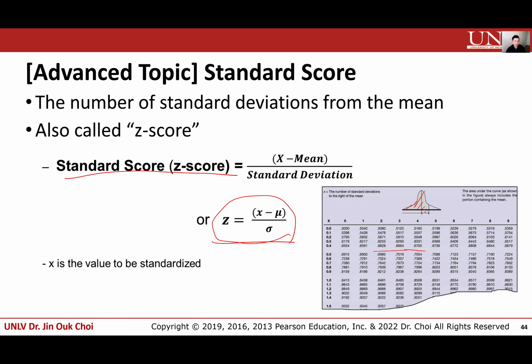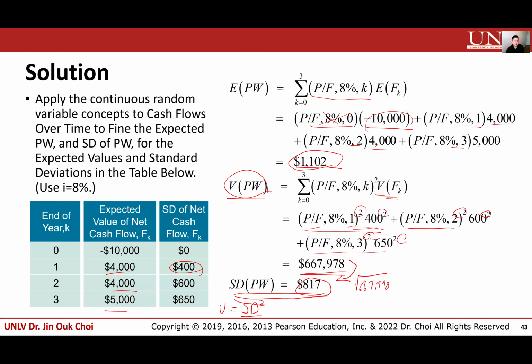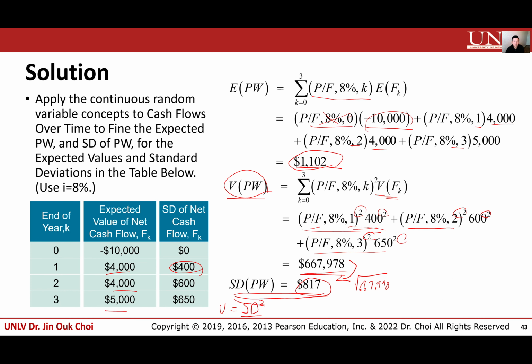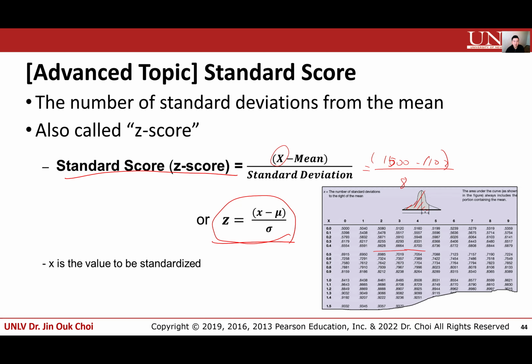By using that, x is the value being standardized. Let's say what is the probability that it will exceed, for this example, $1,000. Instead of 1,000, let's say $1,500 deducted by 1,102 and divided by the standard deviation 817.